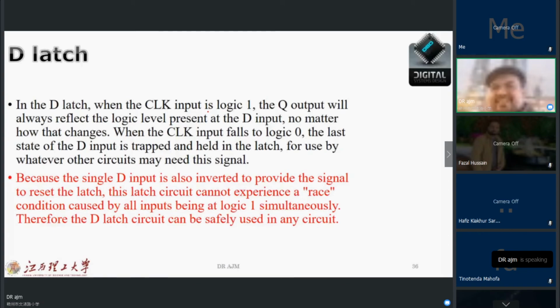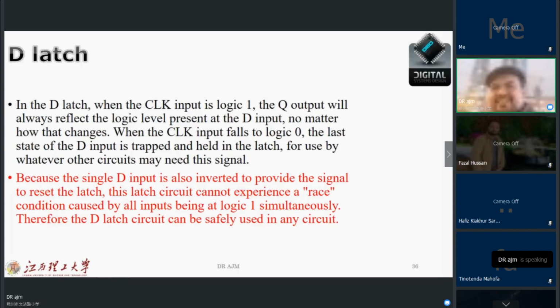Because the single D input is also inverted to provide the signal to reset the latch, these latch circuits cannot experience the race condition caused by all inputs being at logic 1 simultaneously. Therefore, the D latch circuit can be safely used in any circuits.